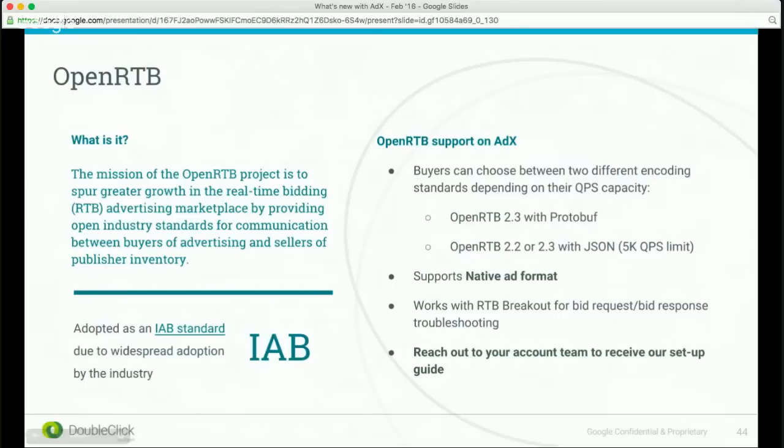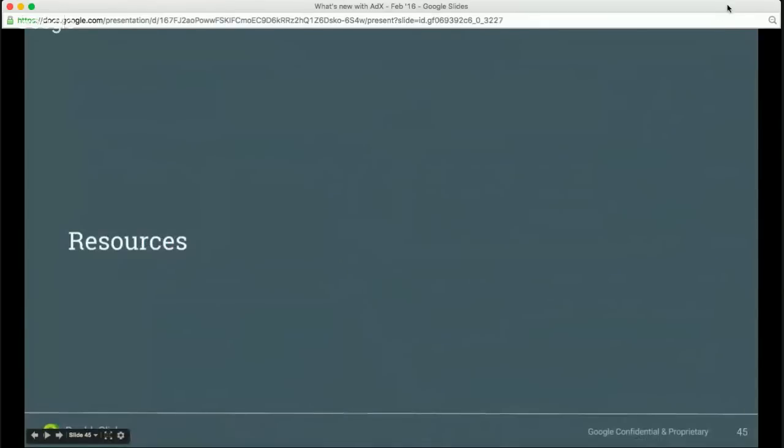Many of the fields that people have asked for, we've added to the OpenRTB protocol as extensions, but there are some things that are less used or less asked for that exist in the AdX protocol that have not been built as extensions in the OpenRTB implementation. If there's something in there that you really, really want, let your account team know, and we can consider adding additional extensions to the OpenRTB implementation. So I think that's it.